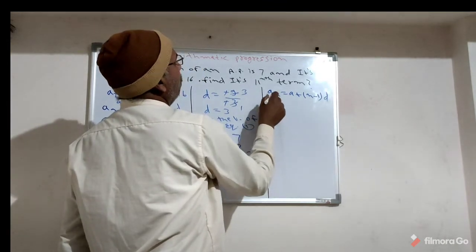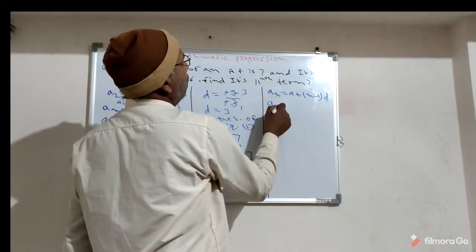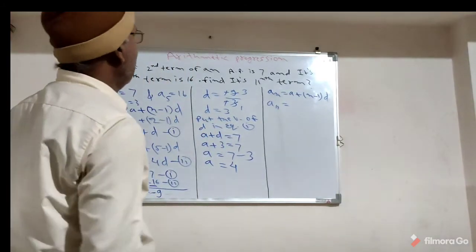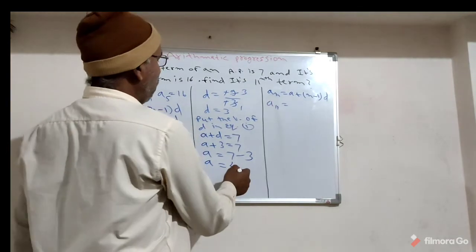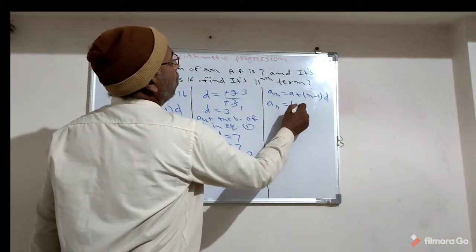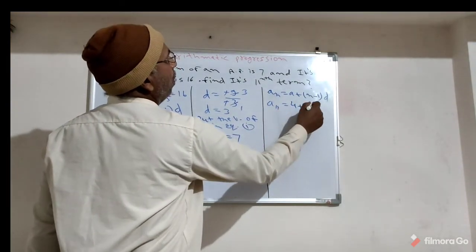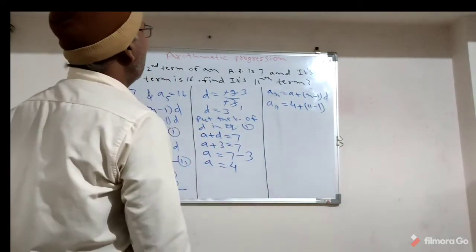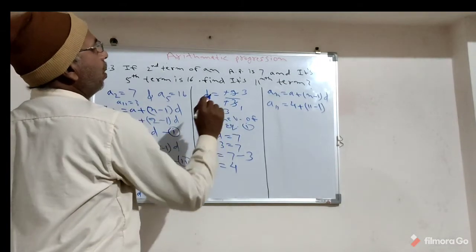The value of n is 11, the value of a is 4, and the value of d is 3.